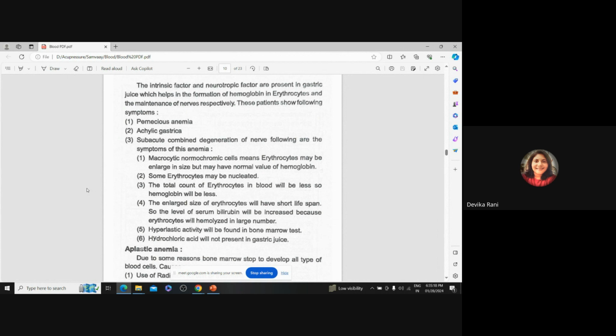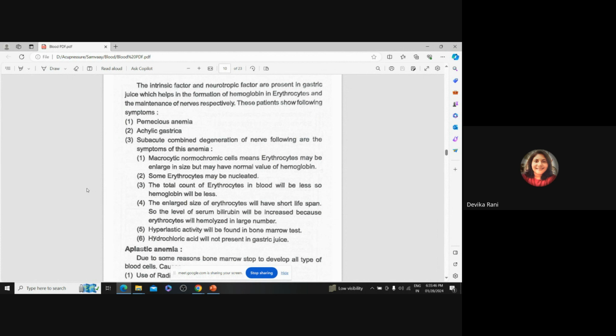The total count of erythrocytes in blood will be less, so hemoglobin will be less. The enlarged erythrocytes will have a shorter lifespan. So instead of 120 days, they have a shorter lifespan. So the level of serum bilirubin will be increased because erythrocytes will get hemolyzed in large number, they are just breaking down. Hyperplastic activity will be found in the bone marrow test.